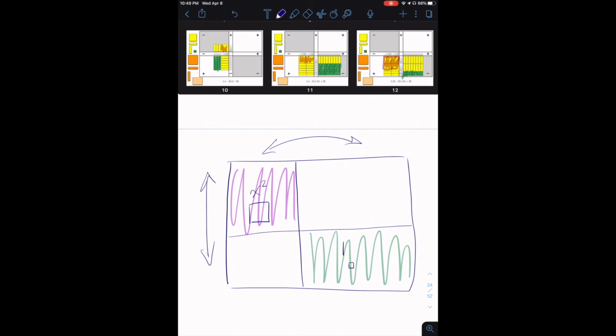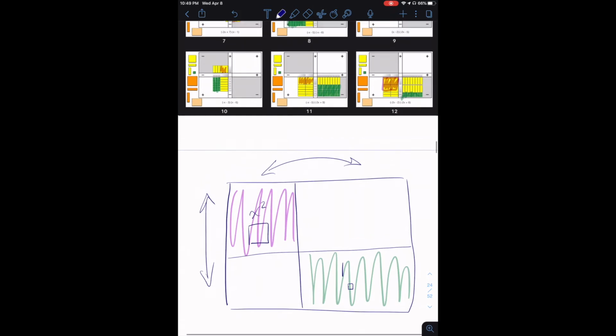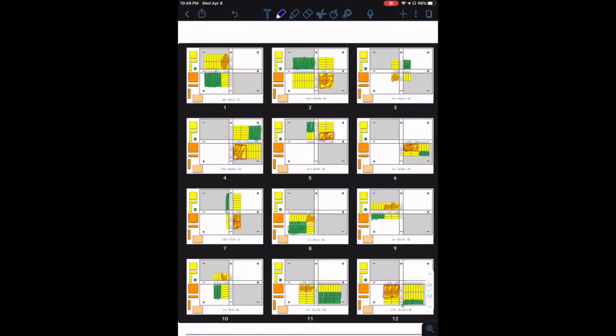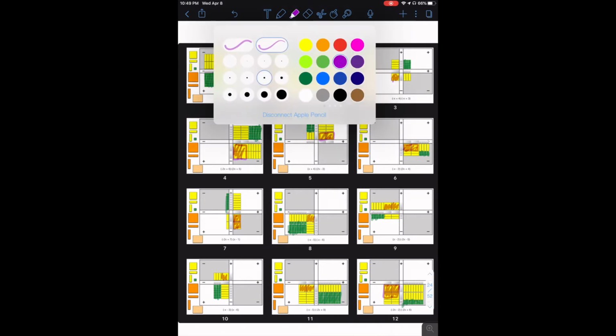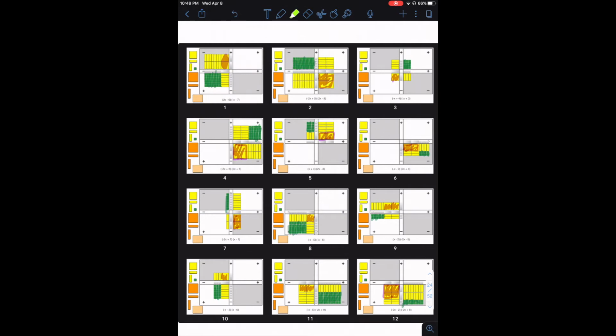But we do know that two of the corners are going to be rectangles that are x squared, and the other one is ones. Now let's take a look at the rods. Notice how many rectangles there are of rods in each one of these. So do you see the pattern? How many rectangles are there of rods?